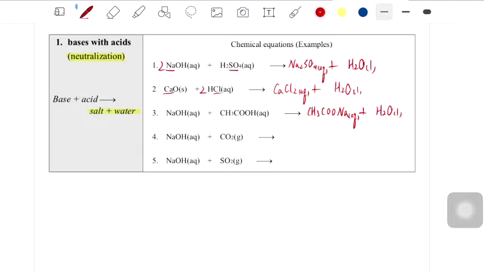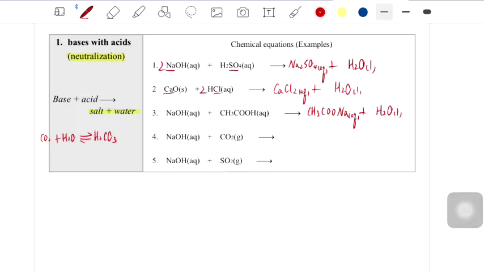For equations 4 and 5, it gets a little bit complicated. Here we have carbon dioxide and sulfur dioxide. At first you may not link it to an acid, but I would like you to write these two equations next to it, so it will help you to write the equation. Carbon dioxide can dissolve in water, and it will undergo a reversible reaction to form this kind of acid.